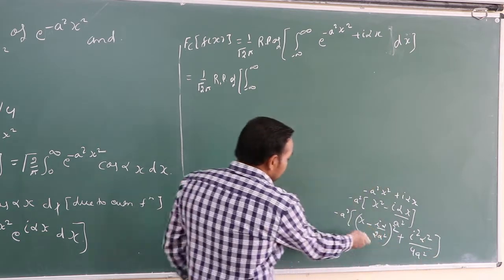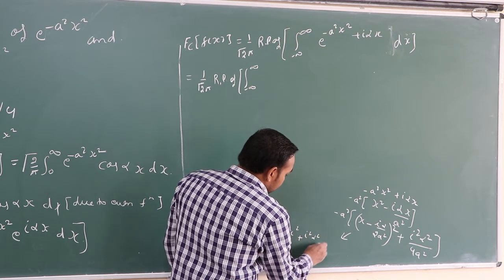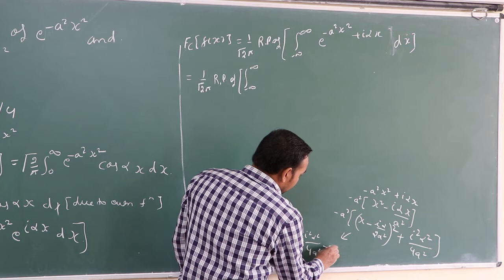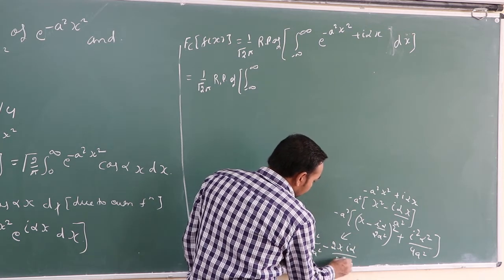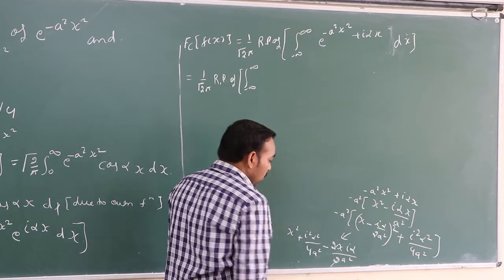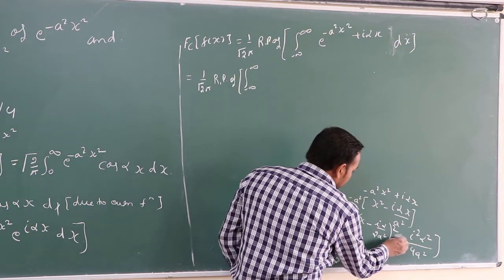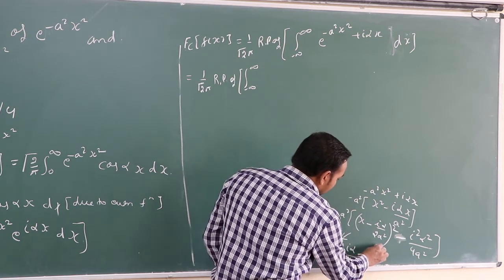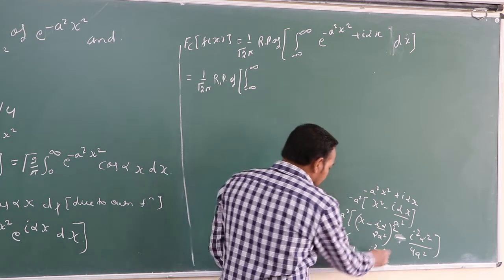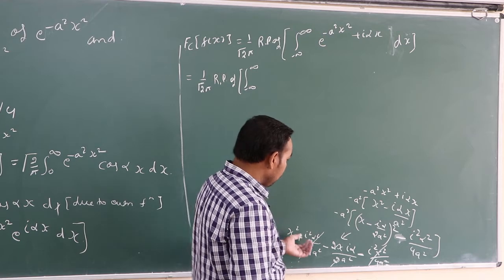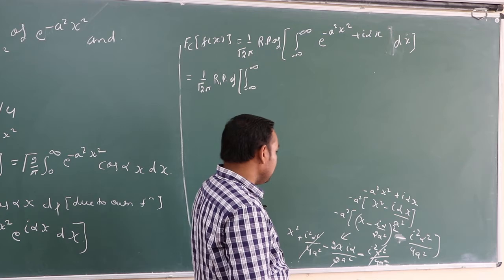If we expand, we get x square plus i square alpha square upon 4a square minus 2x i alpha upon 2a square. So the 2 cancels out, and this is minus i square alpha square upon 4a square. So this term cancels out, and we simply get x square minus x i alpha upon a square.